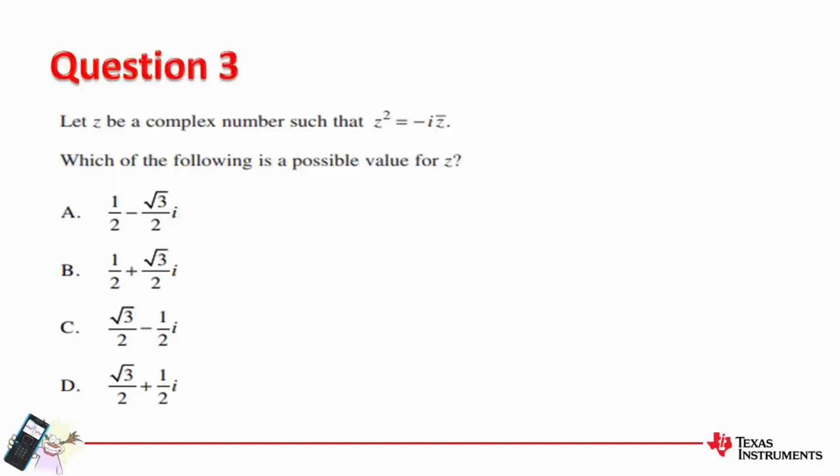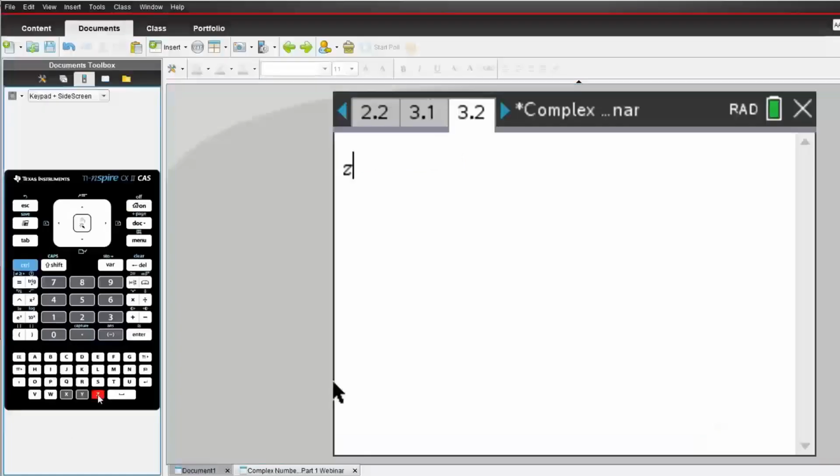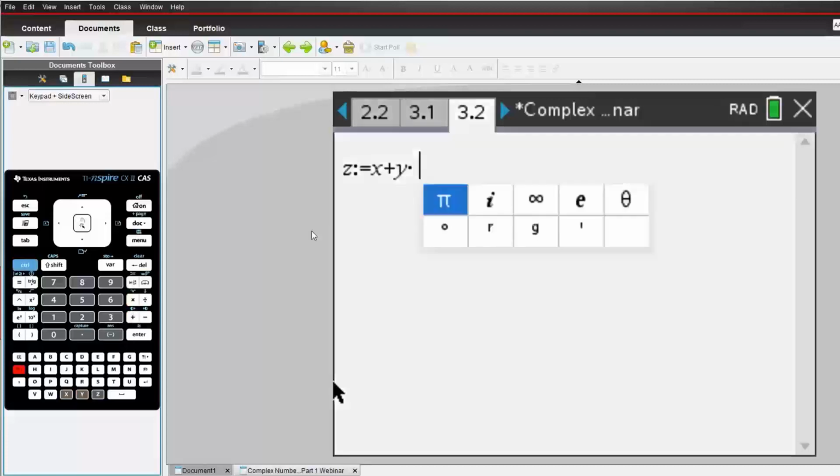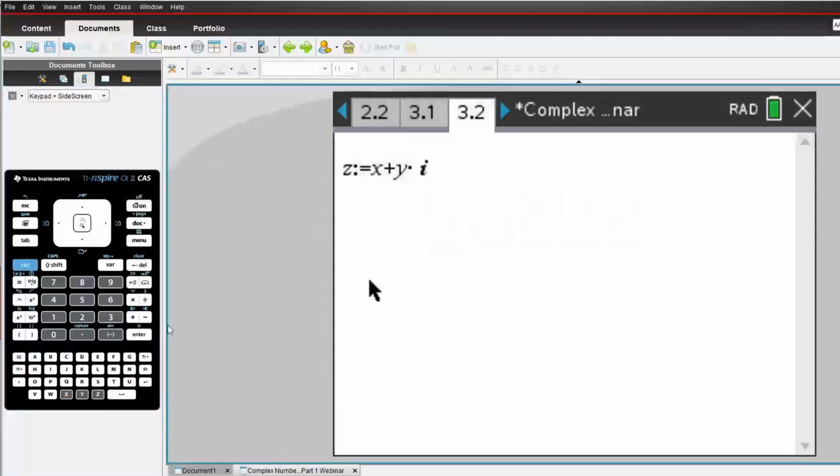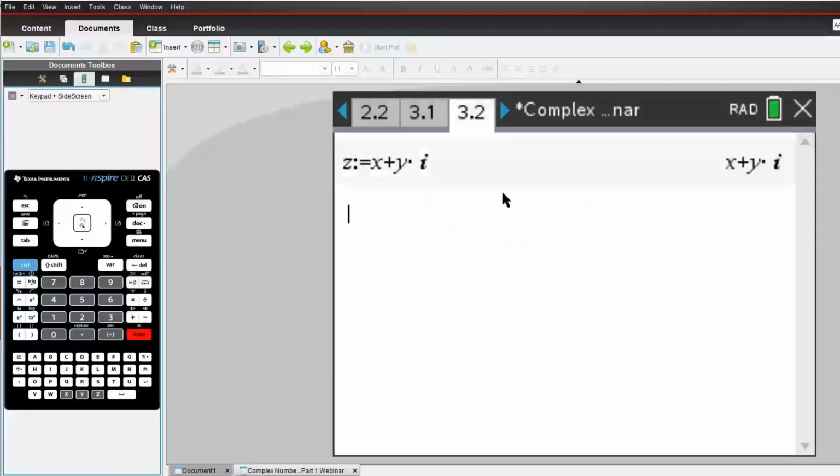Again, we need to be in the calculator screen, and I will just say let z be, in general, x plus y times i, and enter. So now the calculator remembers that z equals x plus yi.